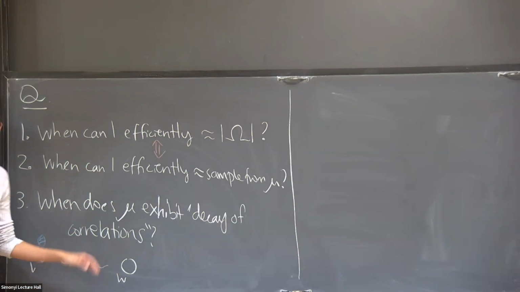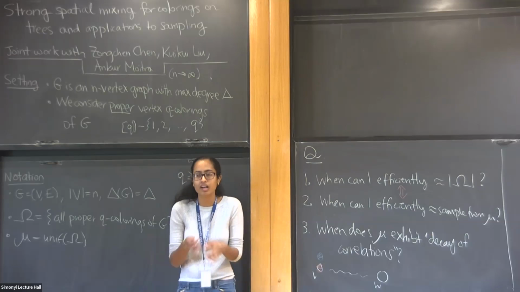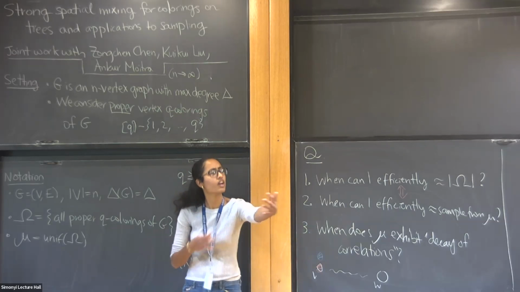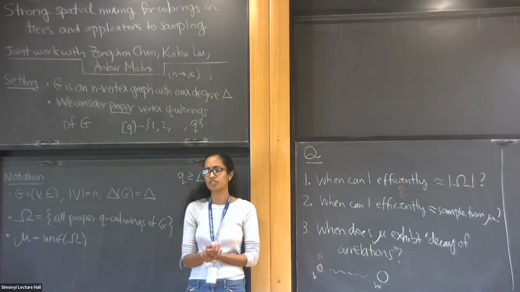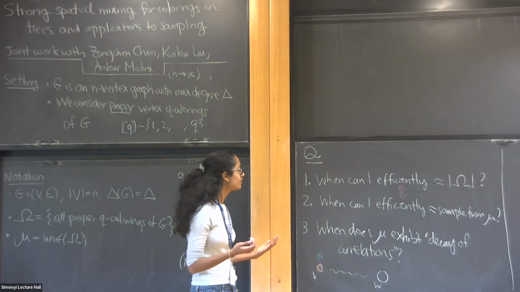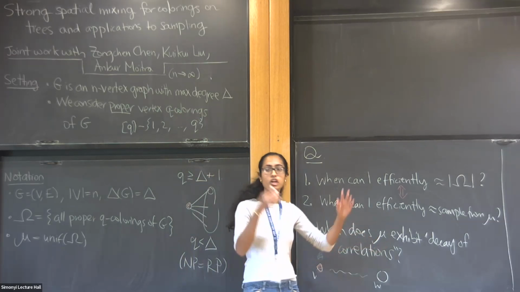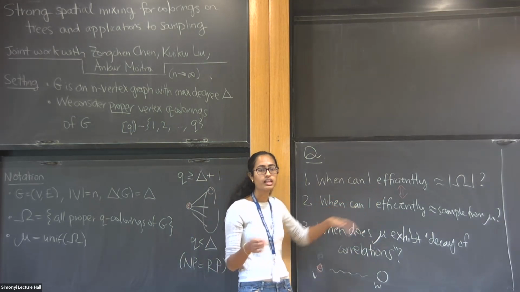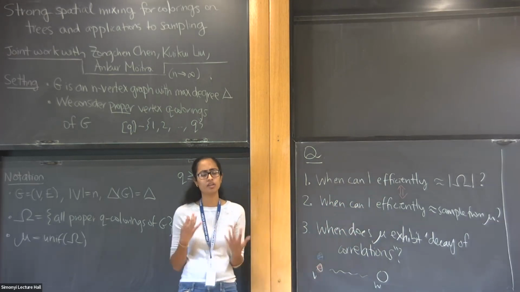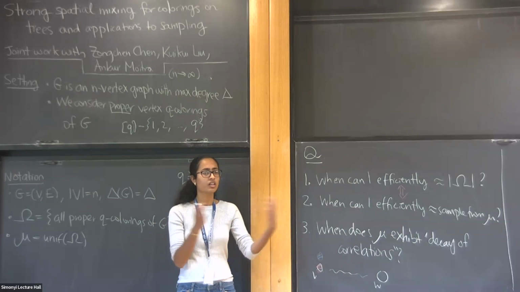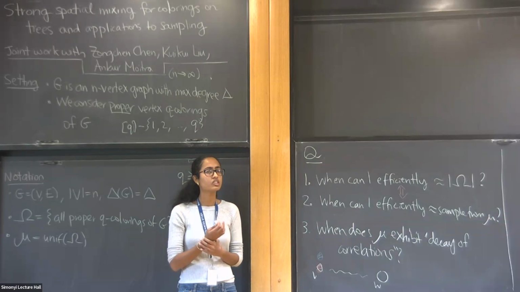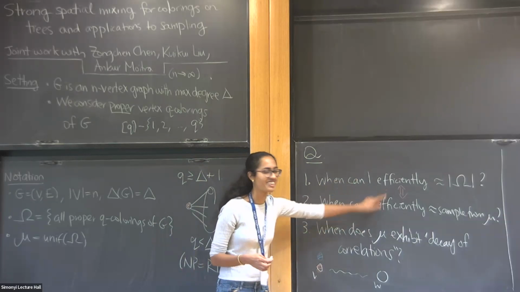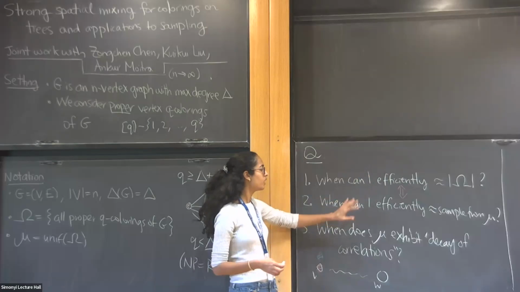And this is what I mean by decay of correlations: nearby, some vertex V's color could have an effect, but far away from that vertex, it doesn't have that effect. And you might imagine that knowing that mu is close in this sense to a product distribution would make it easier to sample. I think this is one of the really driving motivating questions in approximate sampling, and the corresponding area of statistical physics is trying to make this notion rigorous, which is, can we draw some kind of arrow between this first regime and the second regime?